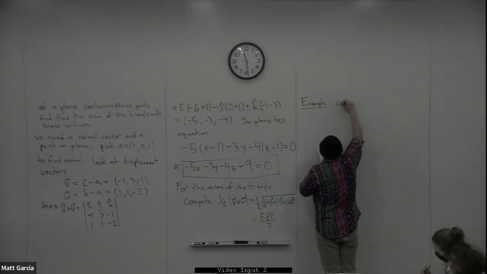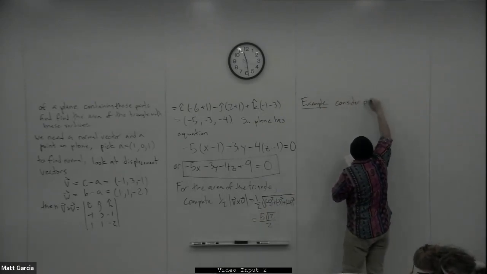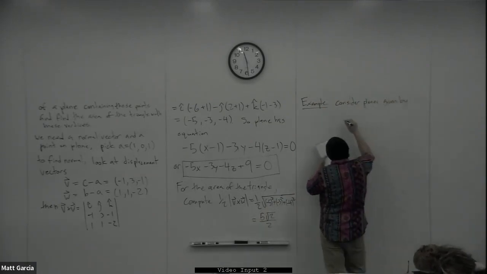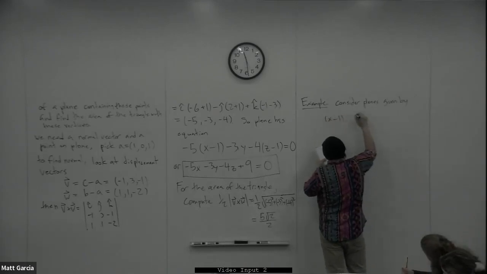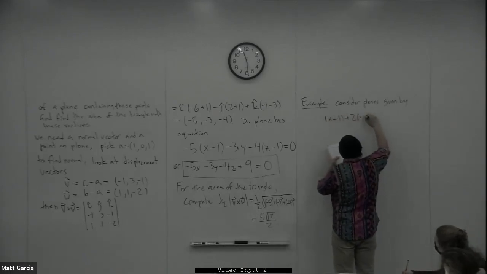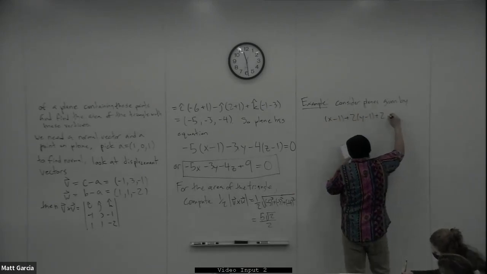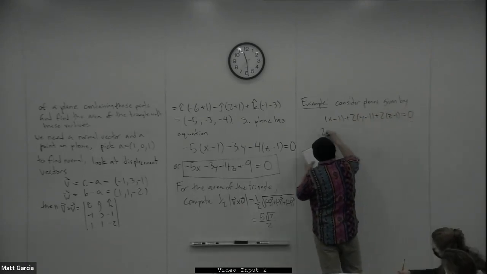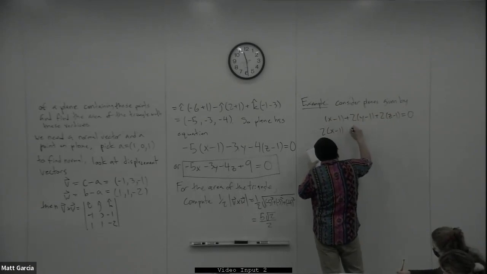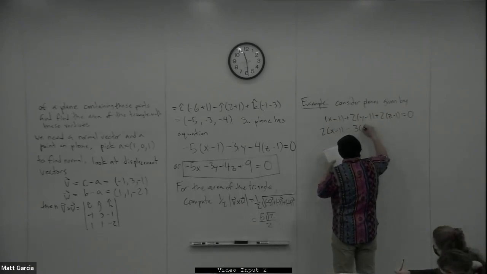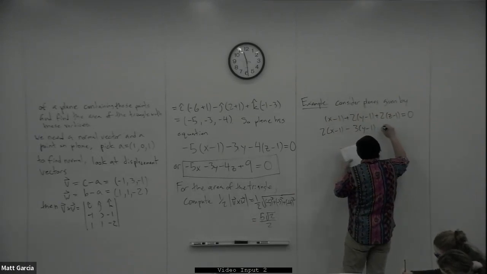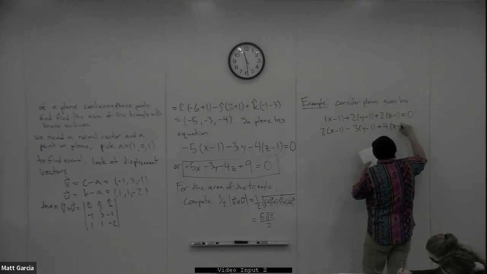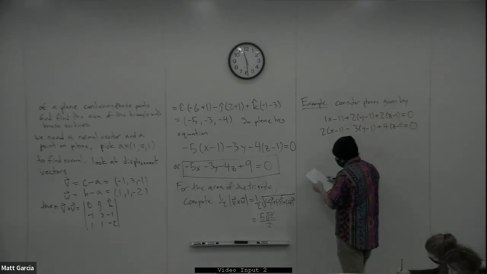Here's another example. Let's consider planes given by the following equations: 1 times (x minus 1) plus 2 times (y minus 1) plus 2 times (z minus 1) equals 0, and 2 times (x minus 1) minus 3 times (y minus 1) plus 4 times (z minus 1) equals 0.